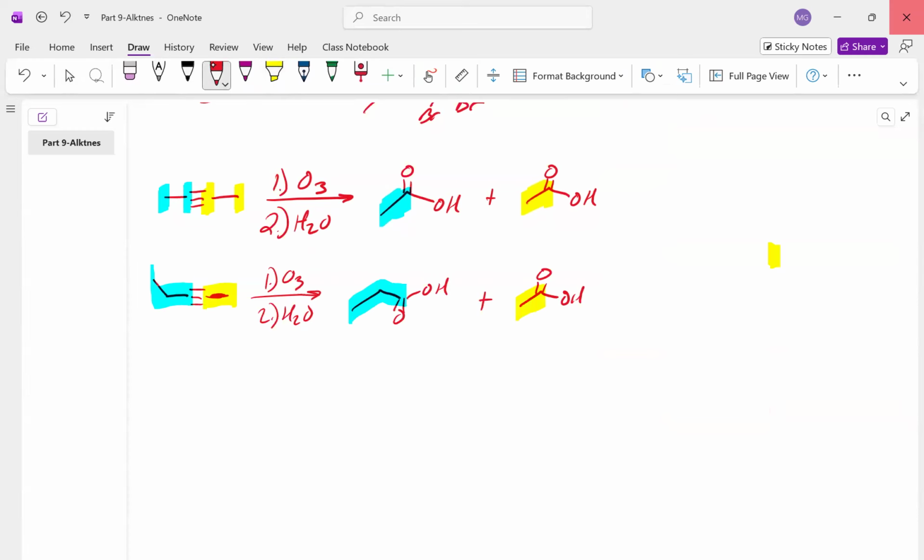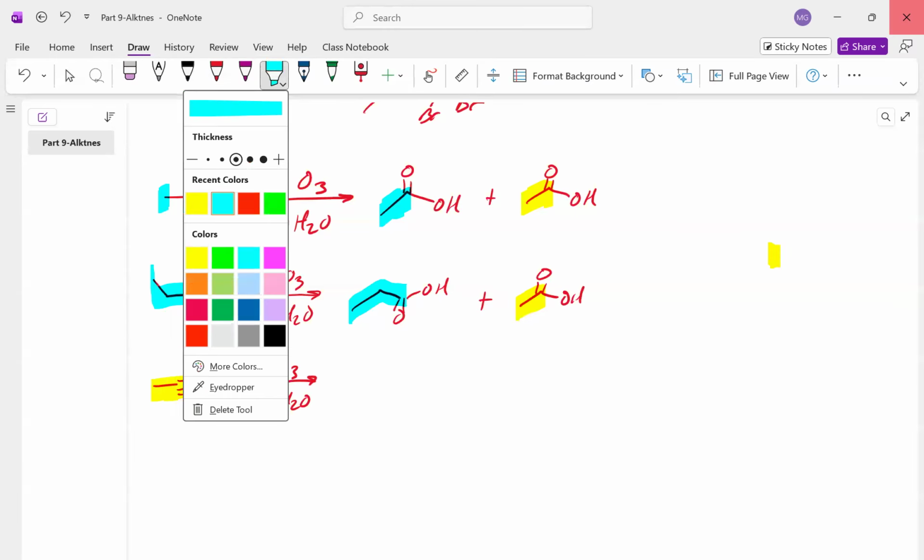Now, if it's a terminal alkyne, we still end up with 1 carboxylic acid as a product, but we get carbon dioxide as the other product. And here's where all this is coming from. I'm going to highlight these 2 carbons, and then I'm going to highlight this one here.